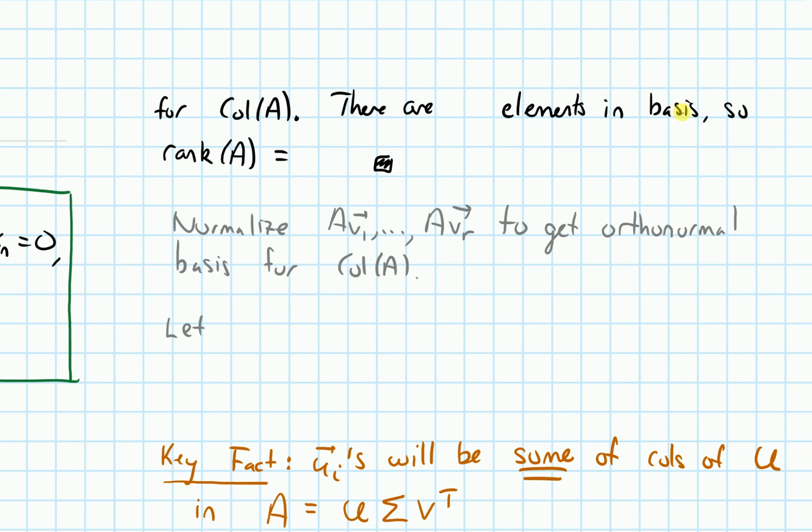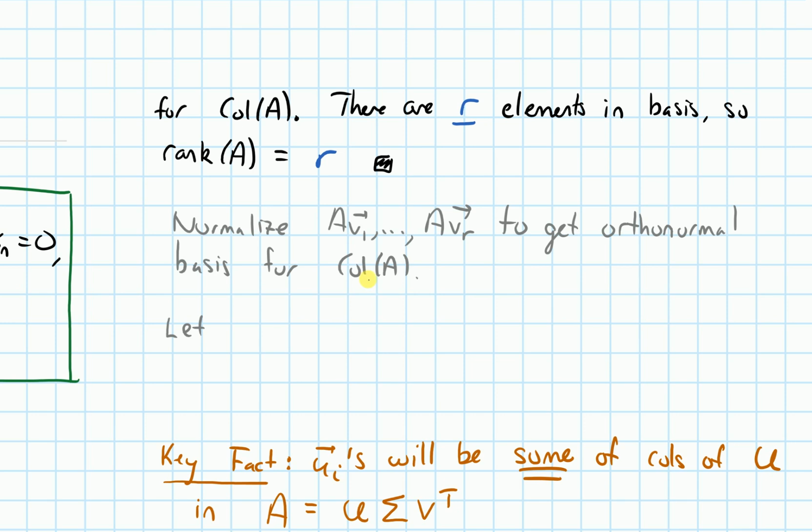Well, at this point we have a basis, and we know that there are r elements in the basis. So that means the rank is r. So we've shown that AV1 up to AVr are an orthogonal basis for the column space of A.